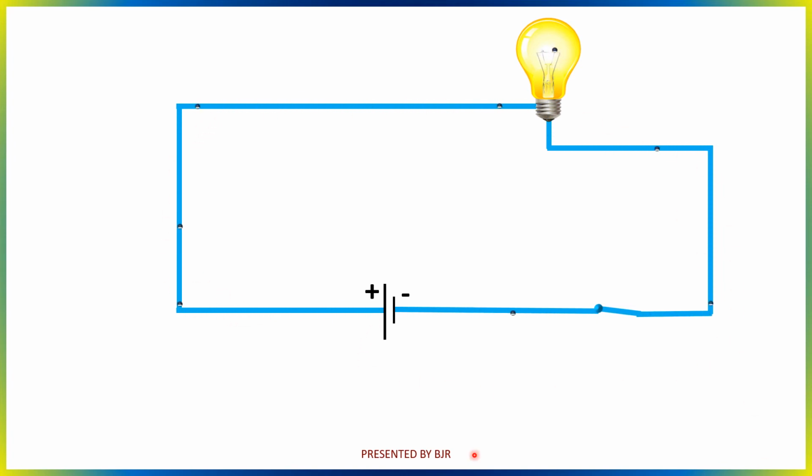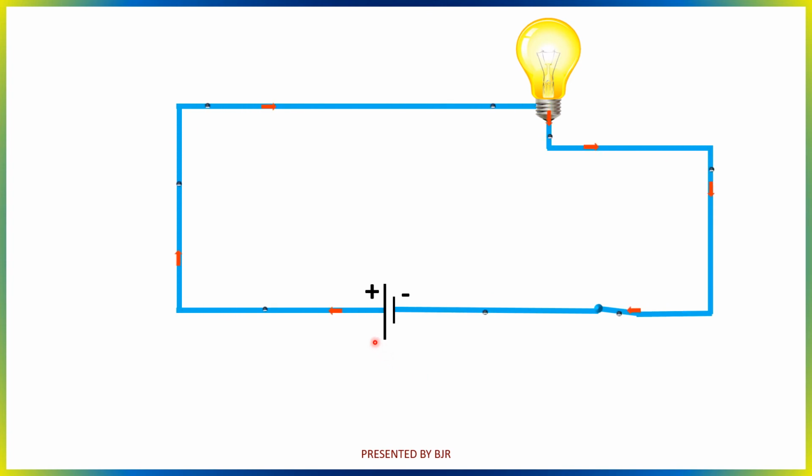Isn't it? So see here, the movement of these arrows indicates the conventional current. You can observe carefully. The direction of conventional current is opposite to the direction of electrons movement, the electron current. Conventional current we have to show from positive to negative terminal of the battery.